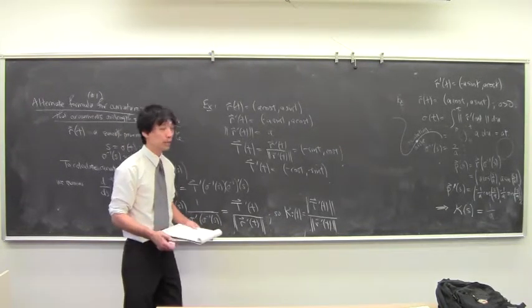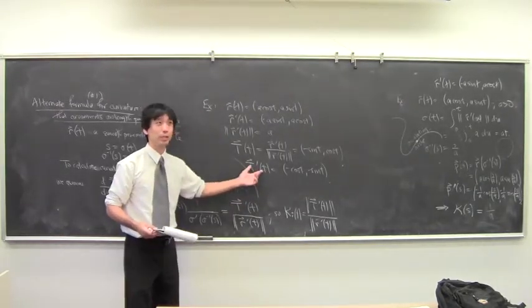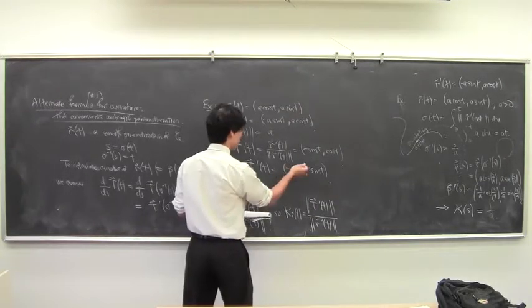Okay. We've just calculated the derivative of the unit tangent vector, and we take its magnitude. Its magnitude is 1.